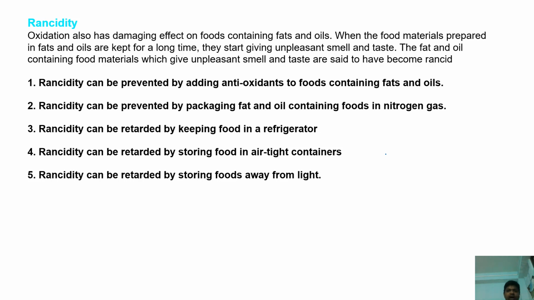Initially we wonder why the packet has so much air in it. Obviously we think they are betraying us or making fools of us by giving a small amount of chips. But that is not the reason. More nitrogen gas is filled there so the food stays good, and its original smell and taste remain the same.